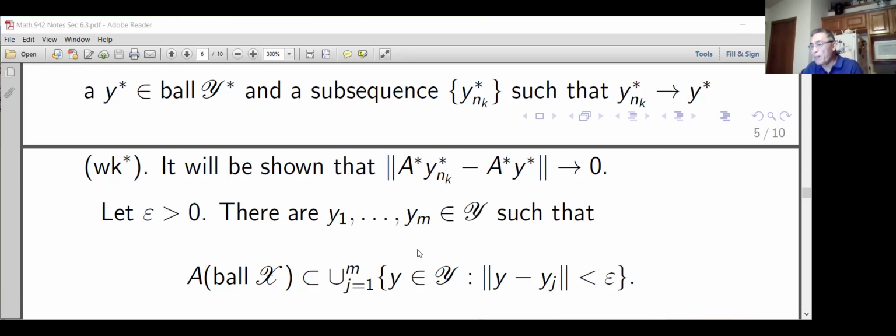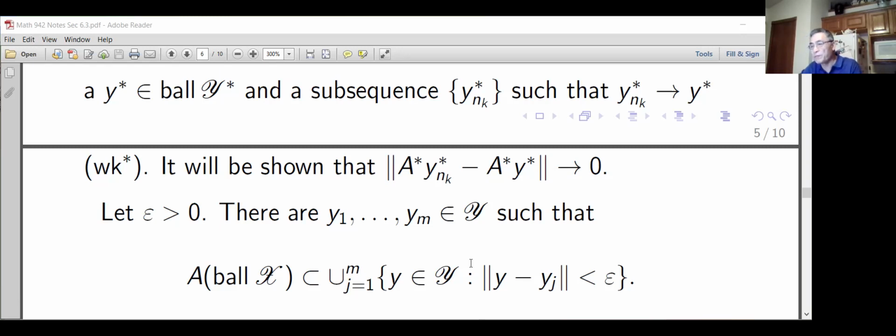So now let's look at this proof. y1 through ym, such that A of the ball of X is included in the union of the sets of y in Y with norm y minus yj less than epsilon.